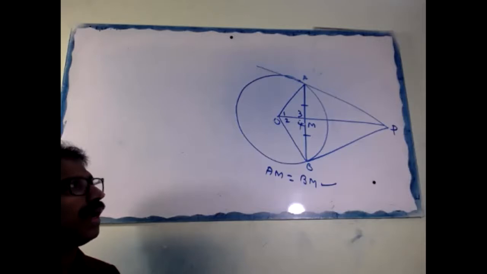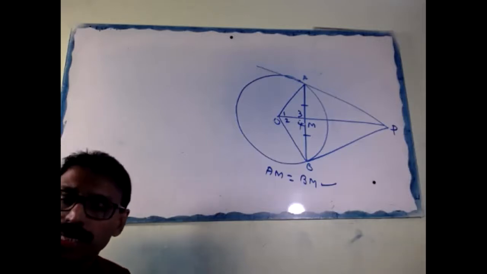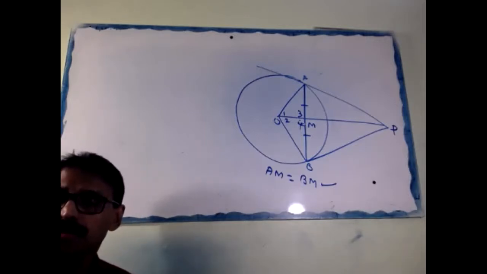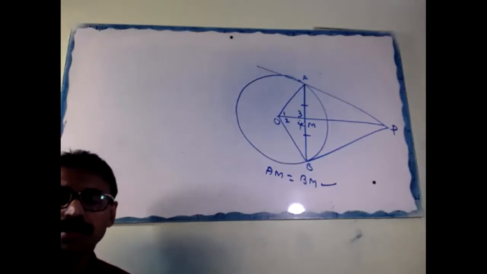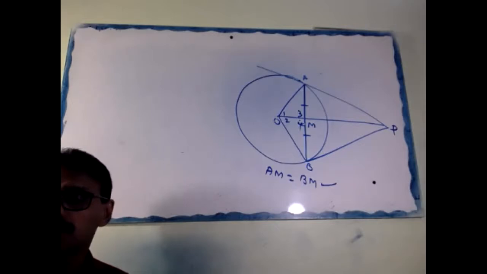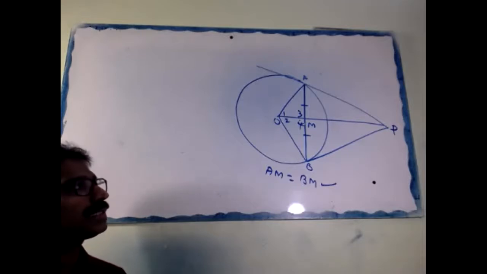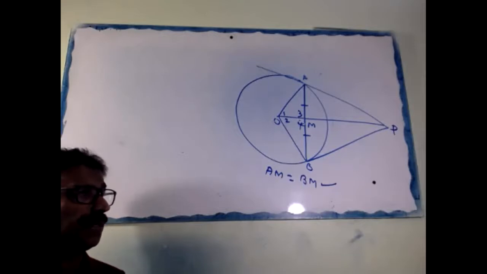But angle 3 plus angle 4 equals 180 degrees, linear pairs.